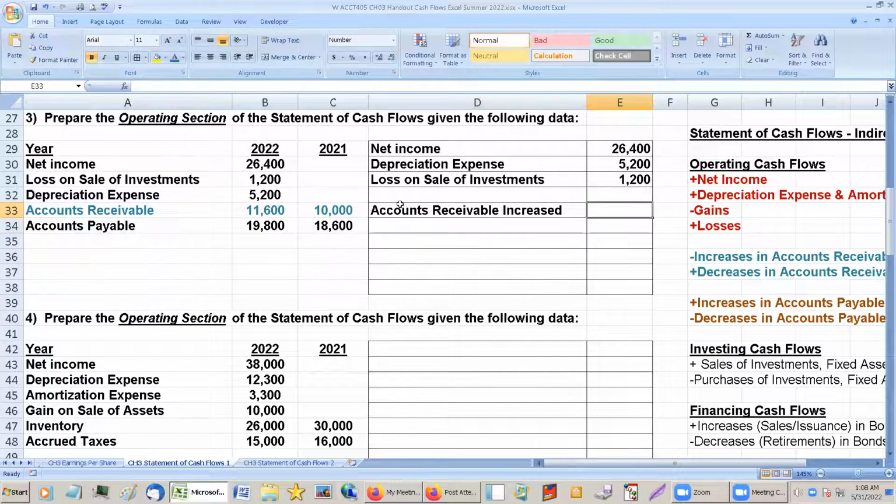An asset goes in the opposite direction. That means that would have to decrease. So it went up by, let's see here, $1,500 increase.